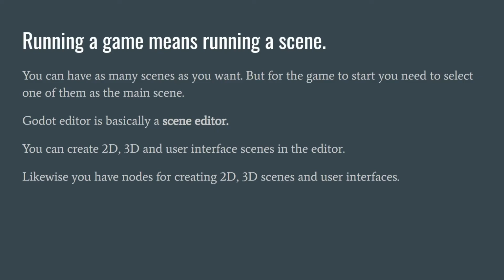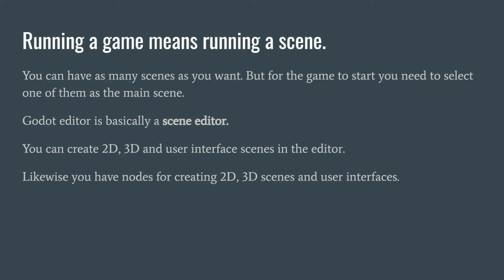Inside of Godot, you can create 2D, 3D, and user interface scenes. 2D and 3D are kind of self-explanatory, and user interface scenes are things like menus or heads-up displays in games. Things that display your health bar and show your inventory and stuff like that.